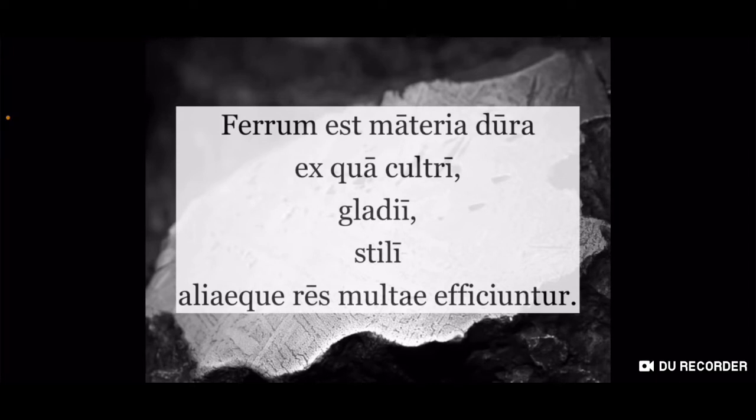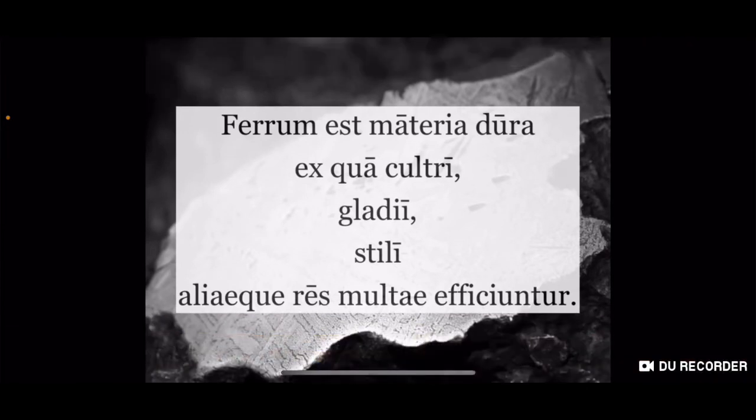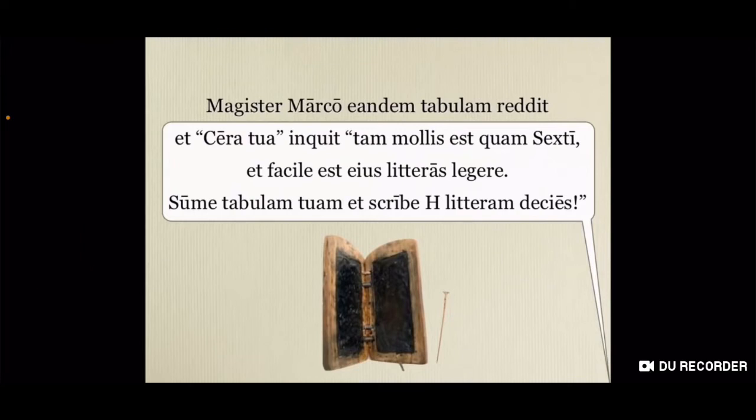Ferrum est materia dura, ex qua cultri gladii stili aliaeque res multae efficiuntur. Iron is a hard material, dura, from which knives, swords, pens and many other things are made. Magister Marco eandem tabulam reddit.